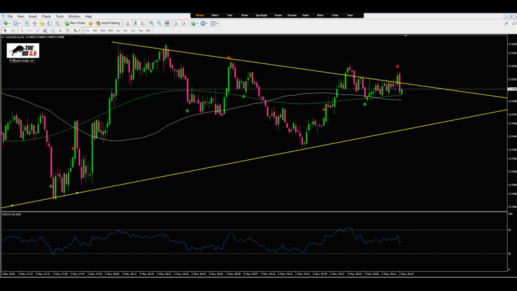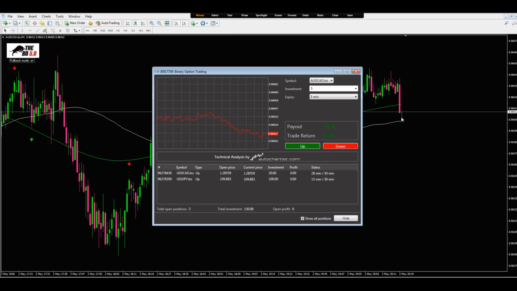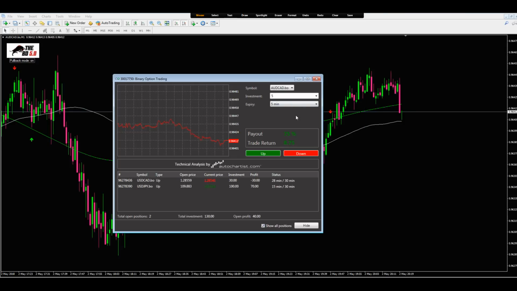See, now we're being pushed down again. Perfect example. That there was a perfect example. We could get into another trade here. Again, I'm going for 100.